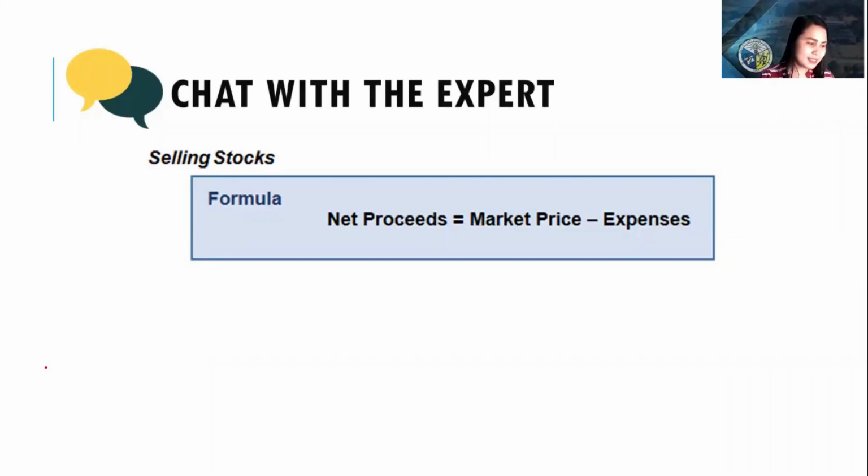Now, the second is you want to sell your stocks if you really need the money. However, it's not a guarantee that the amount you get after selling your stocks will be the same amount that you paid when you bought them, because it depends on the market price.